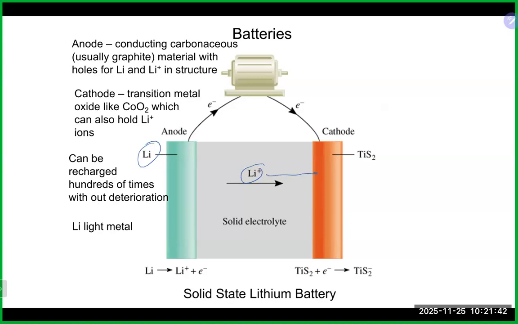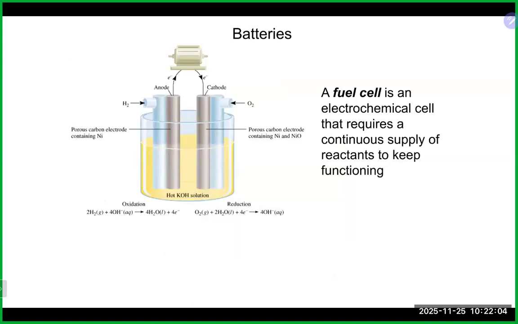A cathode is usually some type of transition metal, like cobalt oxide, that can also hold some of those lithium ions when they get to the other side. Can be recharged hundreds of times without deterioration. Also, it's a light metal, so a lot of tools and stuff, right? Lithium batteries are used for those purposes as well.